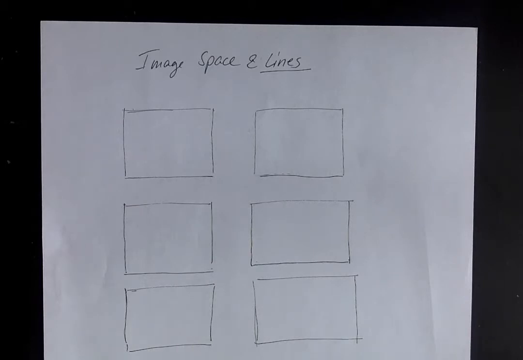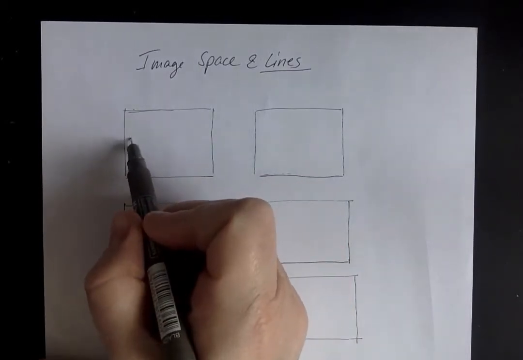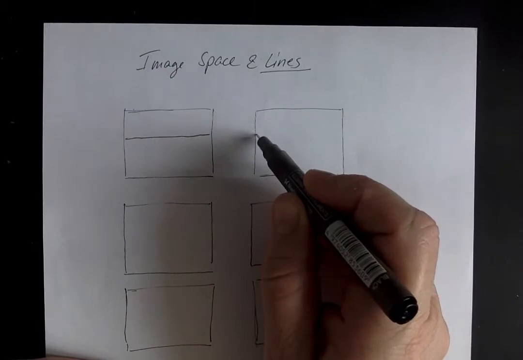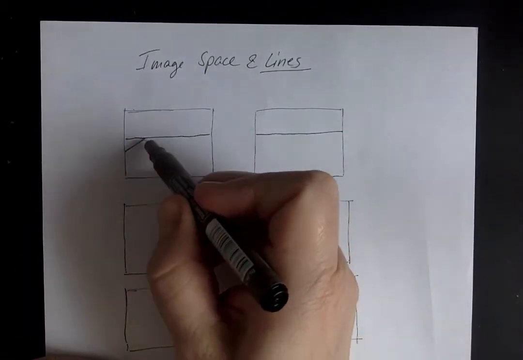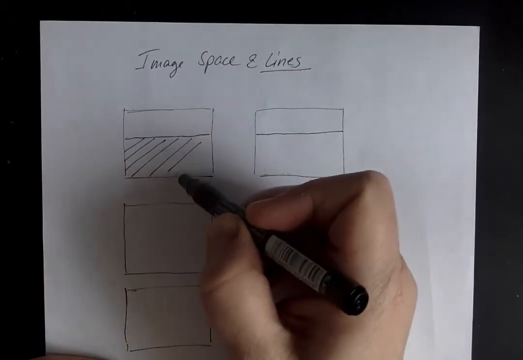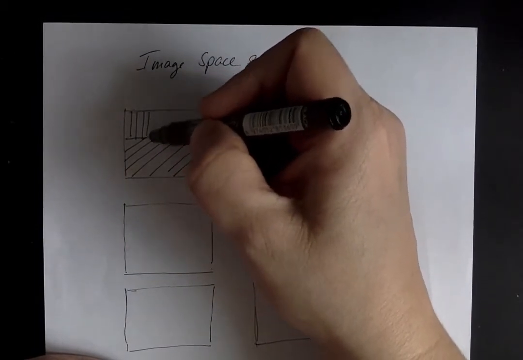The first tool you can use is the change of direction of lines. So you place your horizon line wherever you have it, and then you can have your lines going in one direction in the front and in another direction in the back.